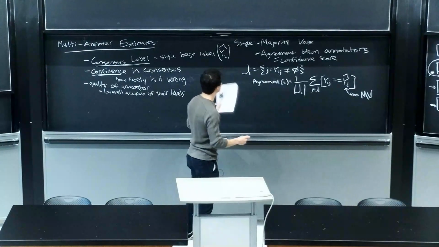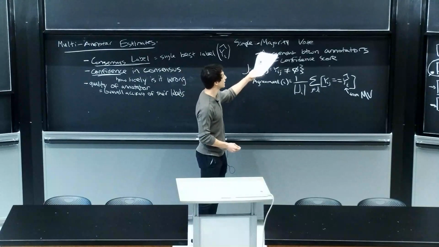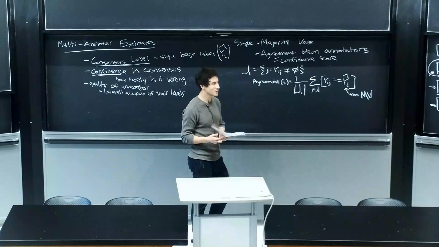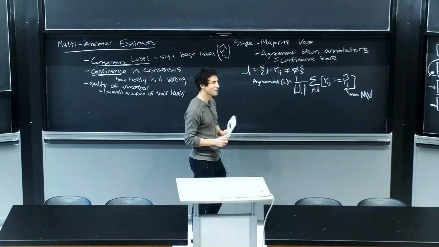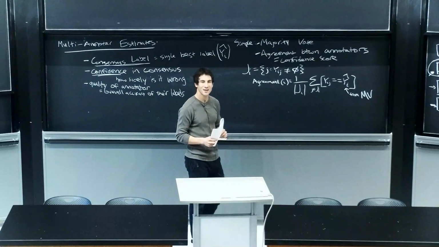And then finally, if we wanted to estimate the quality of each annotator, again doing a very simple approach like these two, how might you suggest estimating the quality of each annotator? Yeah? How often do you agree with the consensus vote?